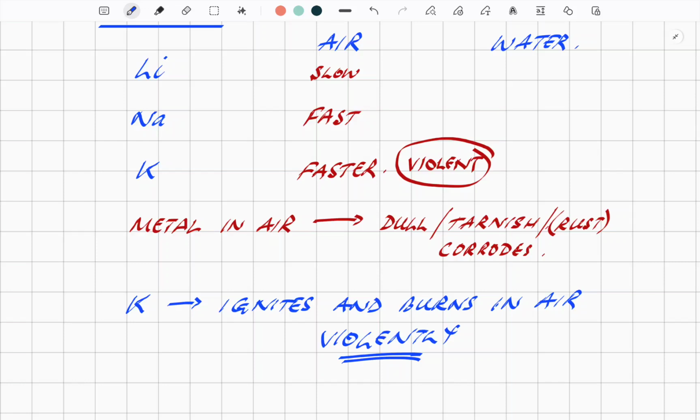That, as far as the air goes, shows how the metals are getting more reactive as you go down group one. And as a result, do you remember at all, have they told you in school, how sodium and potassium are stored? No? They're actually stored in oil.